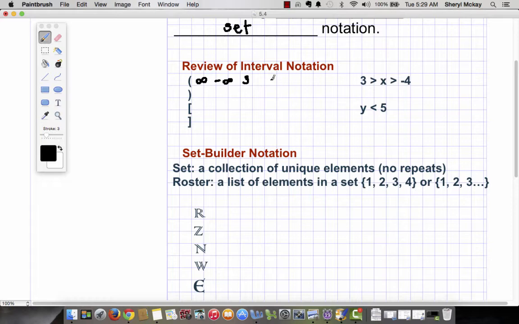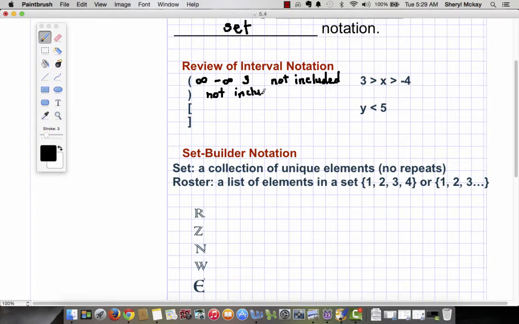And all it means is that the opening parenthesis means that the first number, which is the start, is not included. And then if you have a closing parenthesis, that's for the second number. And again, it can be the same types of numbers, but the second number or the last part of the interval is not included.